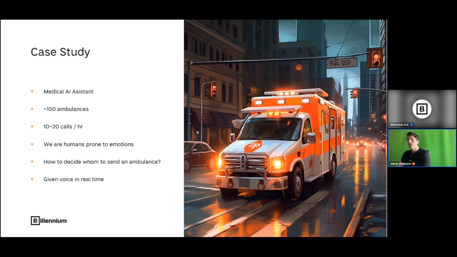And this company receives about 10 to 20 calls per hour. And due to the fact that humans are prone to emotions, we are given the task of deciding to whom we should send the ambulance. And we are only given voice in real time.